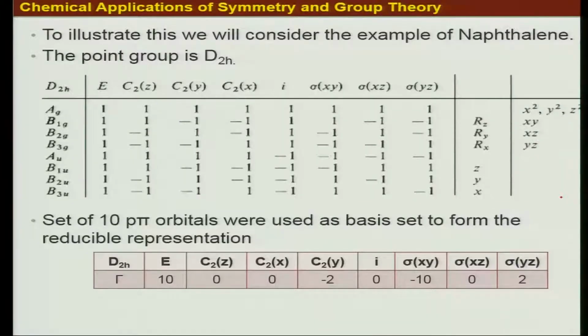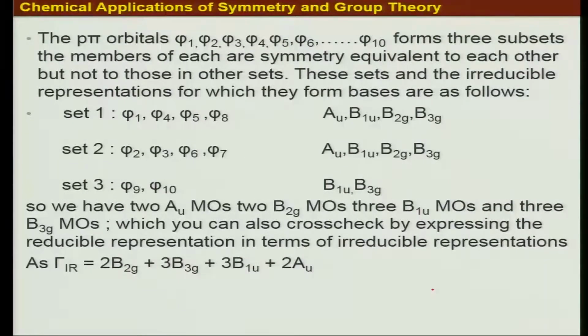Directly writing the characters, we get the representation gamma, shown here. We have non-zero characters for identity, for C2y, and for sigma xy, and the rest of the characters are 0. Fine. So what are we supposed to do? We are supposed to reduce it in the next step.